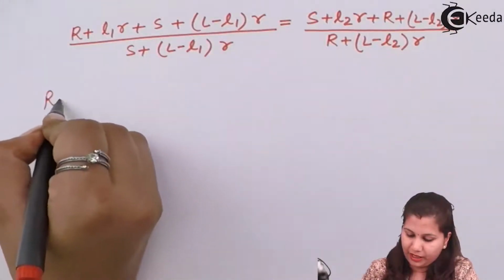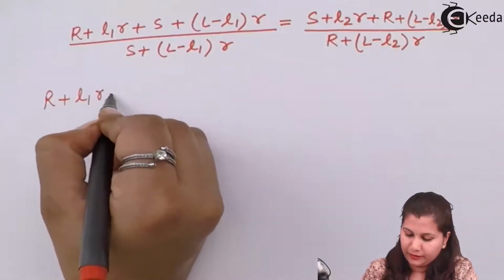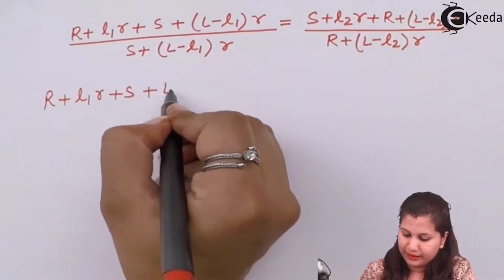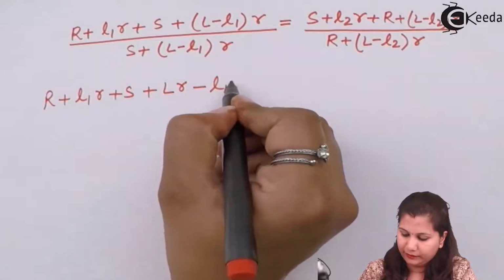Okay, so we will get R plus L1R plus S plus LR minus L1R.